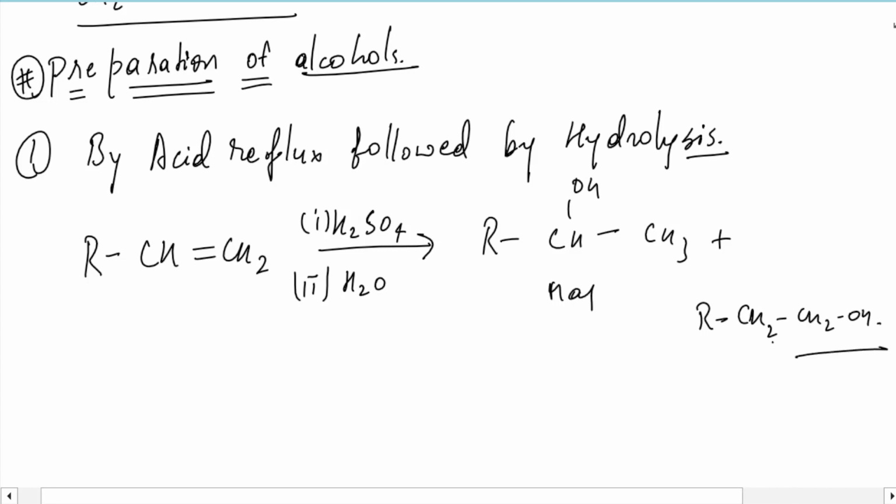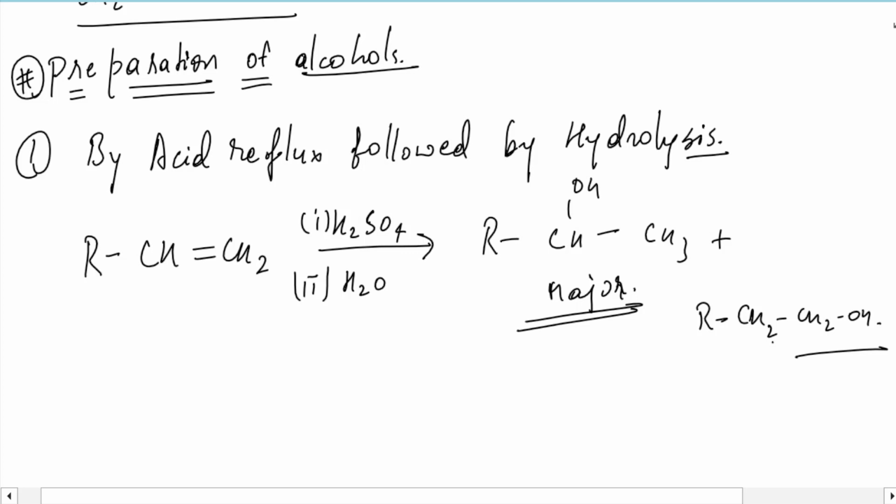So why is this product major here? The answer lies in the mechanism of the reaction. So basically we will see here the carbocation will be formed as an intermediate in between the reaction. The more stable the intermediate, the faster will be the reaction.